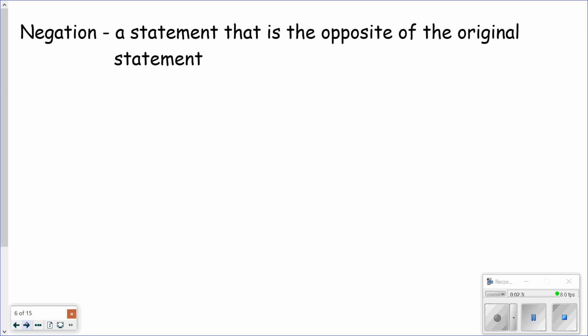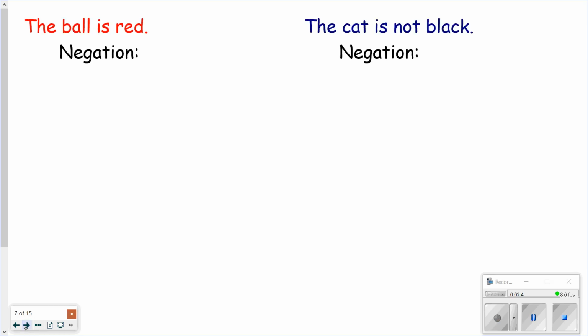Negation. Negation is a statement that is the opposite of the original statement. So our first sentence here is the ball is red. How would I negate this? Well, we could just say the ball is not red. So I'll write that. The ball is not red.